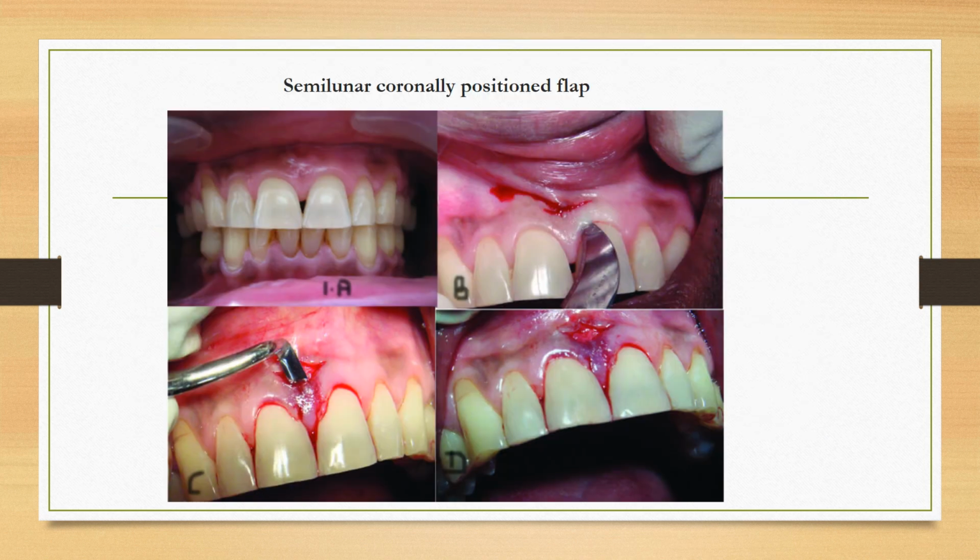The next technique is the semilunar coronally positioned flap given by Han and Takei in 1996. You can see that there is a black triangle due to the loss of interdental papilla. So a semilunar incision has been created.